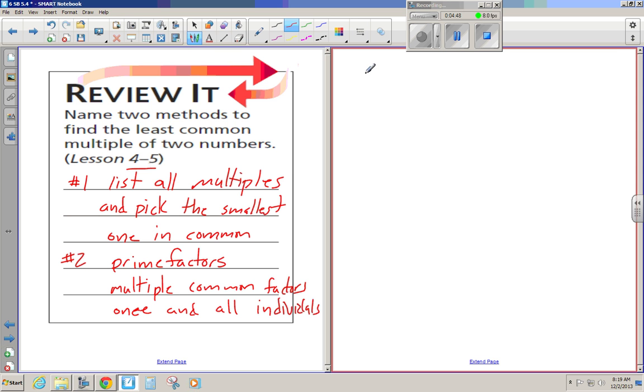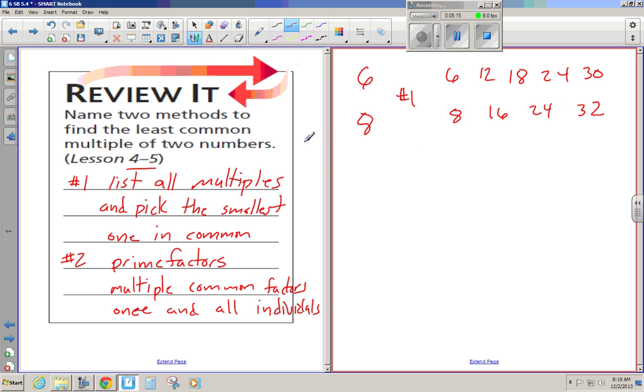So if we were looking for the least common multiple of 6 and 8, method number 1 would say do 6, 12, 18, 24, 30, and so on. And 8 would be 8, 16, 24, 32, and so on.